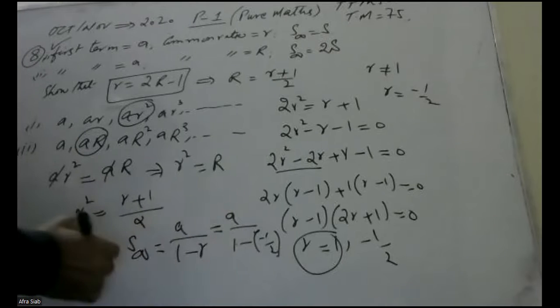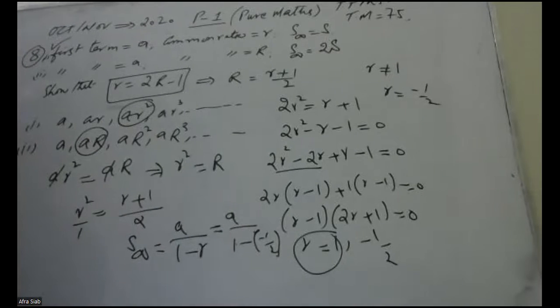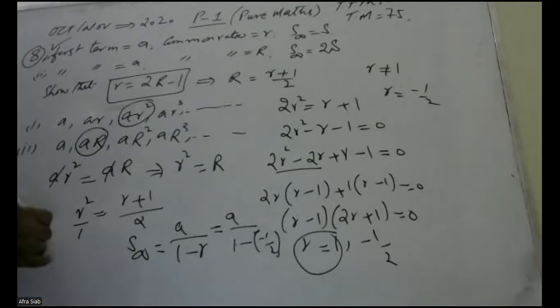That is equal to A divided by 3 over 2, and that is equal to 2A by 3, the sum to infinity of this progression.